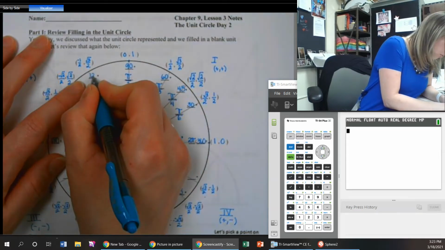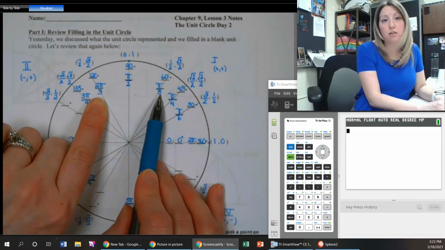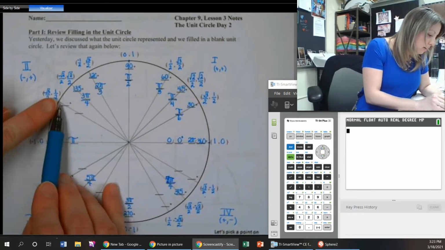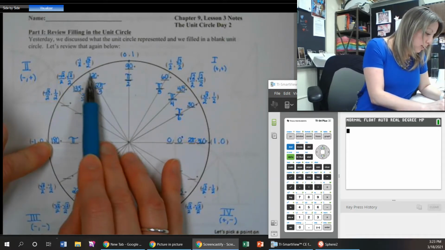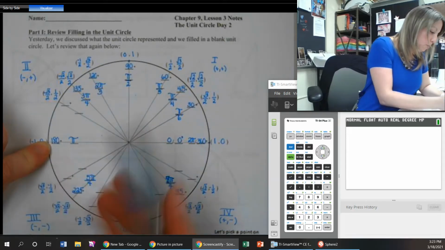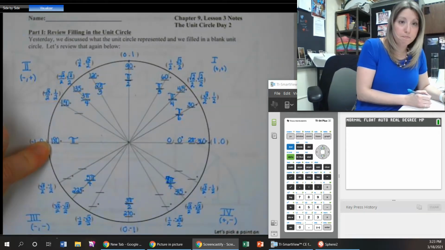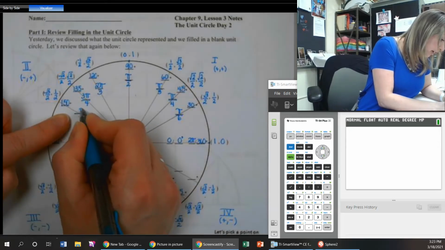So that's at your 120. Okay, these guys, when they have the 60-degree reference angle, they have the denominator of 3. Then this is a 30-degree reference angle. So you can either add another 30 here, or you can subtract 30 from 180 to get yourself to the 150. And then this is something pi over 6, right?